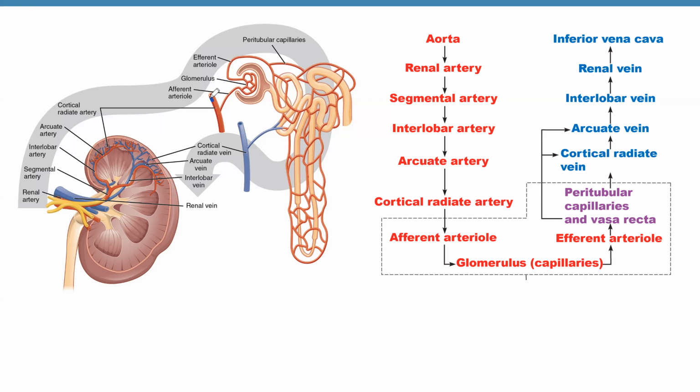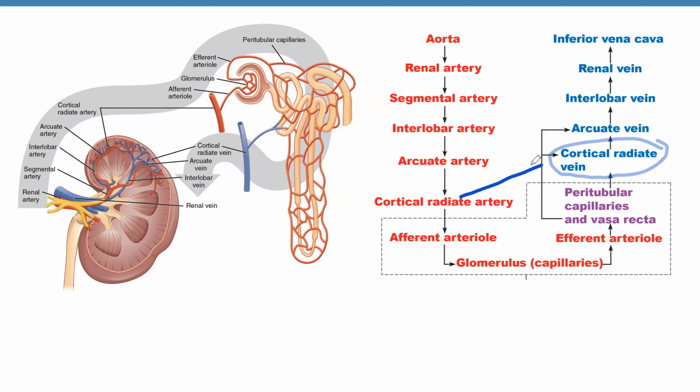Now here's our cortical radiate artery, and we have afferent arteriole, right? Afferent arteriole that splits into capillaries called glomerulus. Then those capillaries unite, forming efferent arteriole. Efferent arteriole branches again into peritubular capillaries and vasa recta, and then collects blood to the cortical radiate vein.